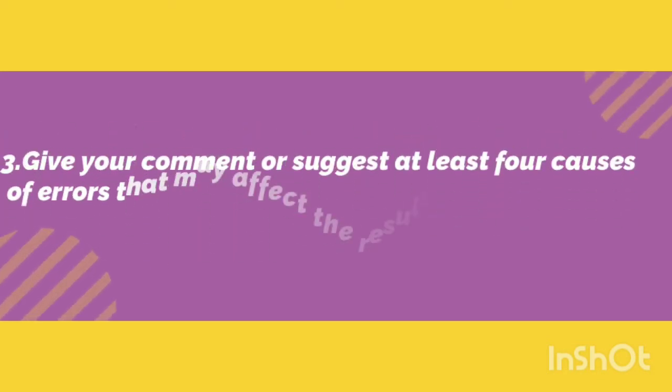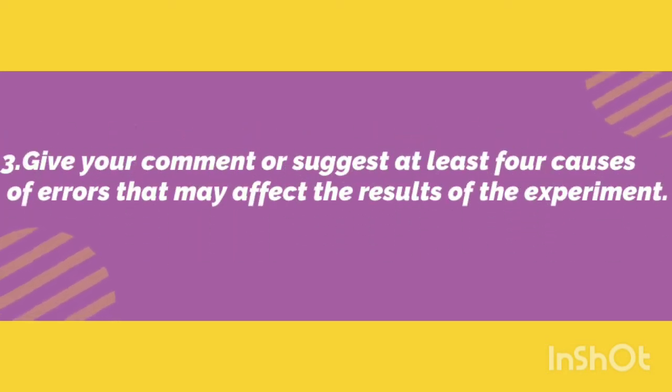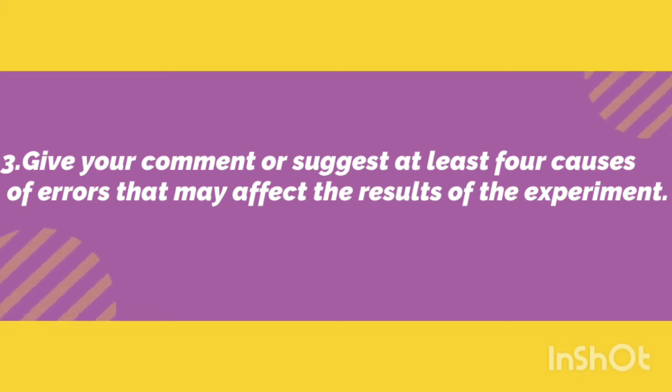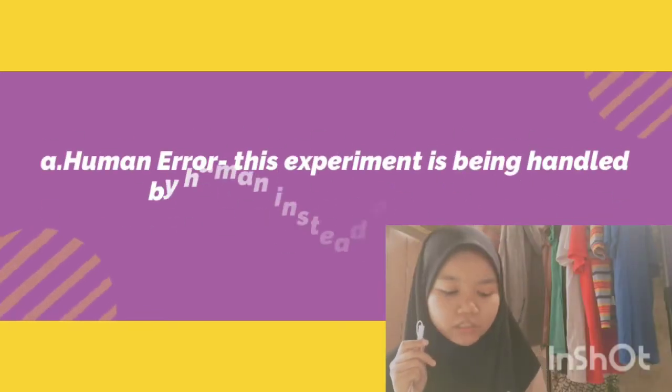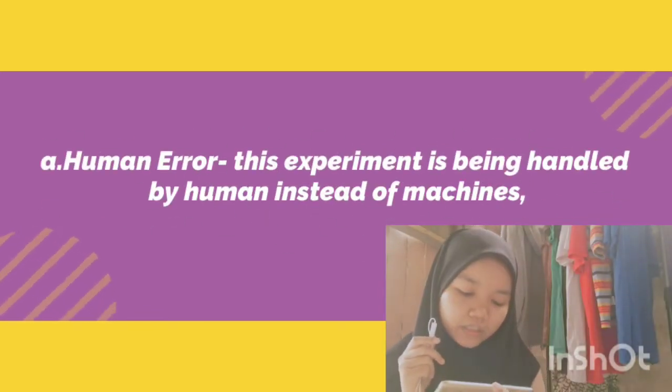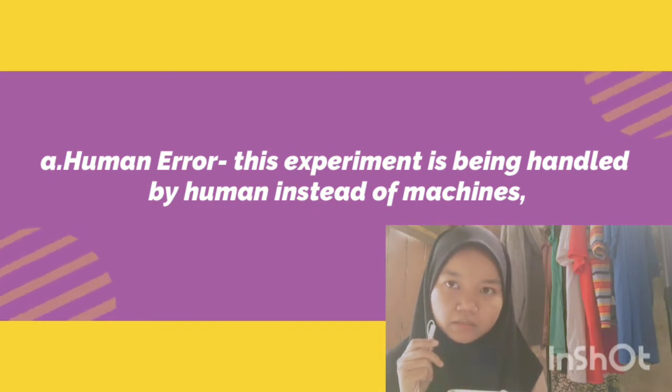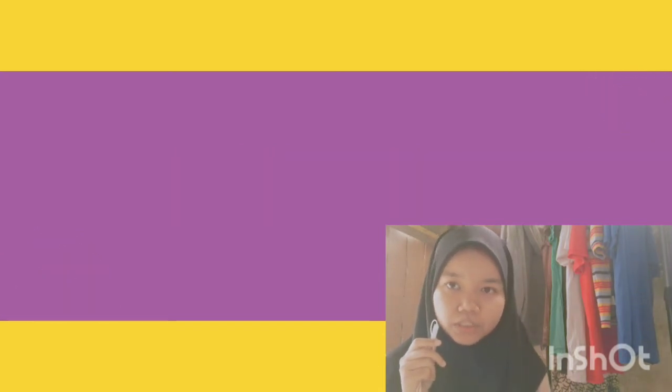Discussion 3. Give your comment or suggest at least 4 causes of error that may affect the result of the experiment. Okay, the first one is human error. This experiment is being handled by a human instead of a machine.